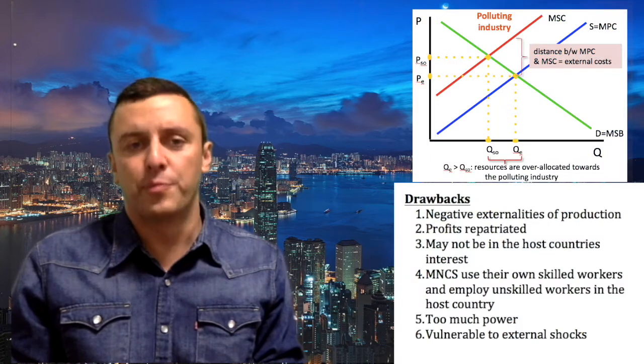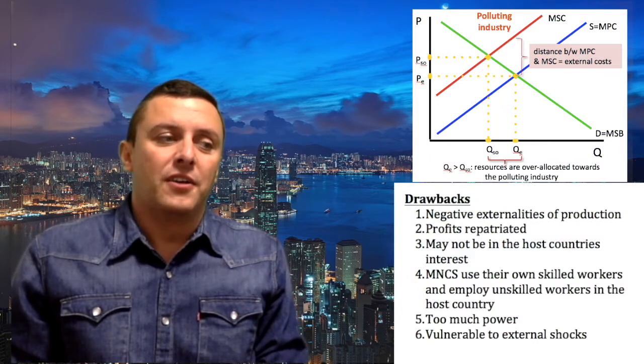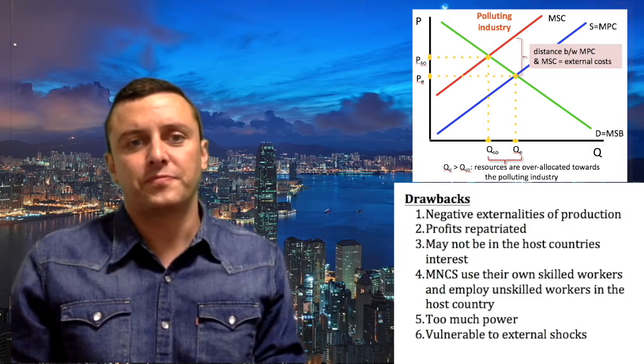So next we'll look at the cons or the negatives related to FDI. First of all, I know I just talked about positive externalities, which are quite common, the positive spillover effects on the economy, but there could also be negative externalities of production. That would be where the social costs exceed the private costs.